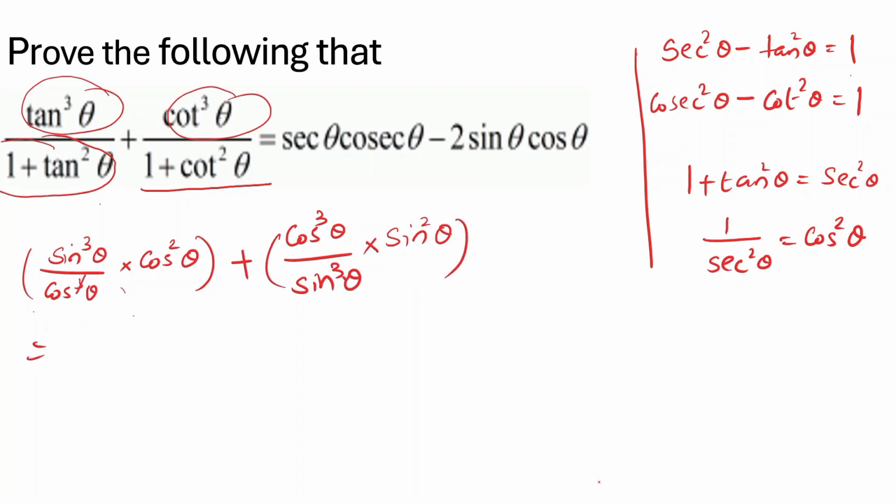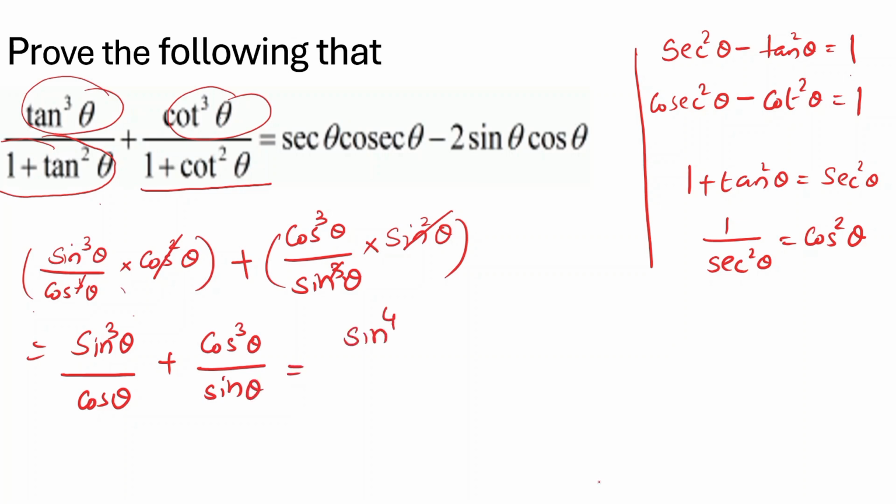Cos cube theta, 1 cos theta, 2 cos thetas will be cancelled out here, and sin thetas will be cancelled out here. So sin cube theta by cos theta plus cos cube theta by sin theta. When we are doing cross multiplication, we will get sin raised to 4 theta plus cos raised to 4 theta divided by sin theta cos theta.